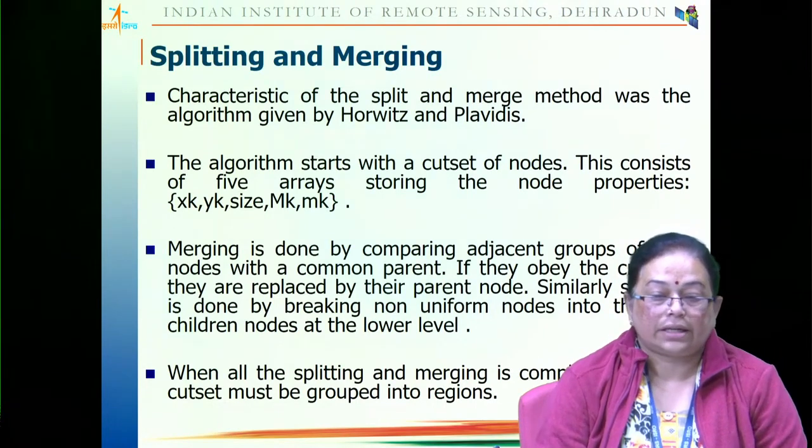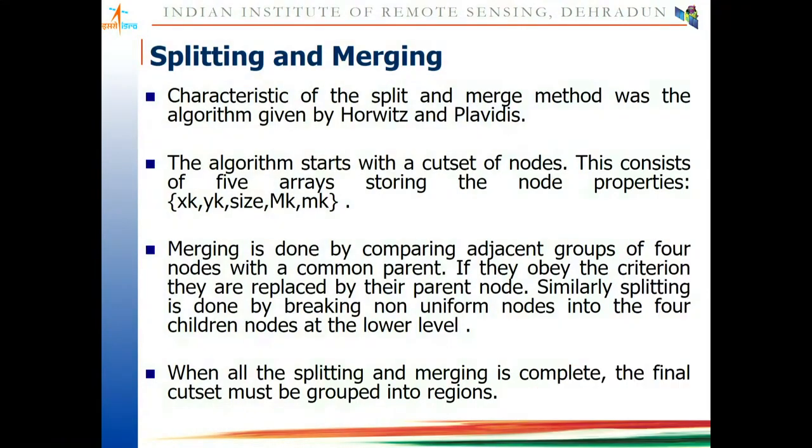So characteristic of the split and merge method is that it is based on the algorithm given by Horowitz and Pavlidis. This algorithm starts with the cut set of nodes, and these consist of 5 arrays which store the node properties. Now merging is done by comparing adjacent groups of 4 nodes with a common parent.